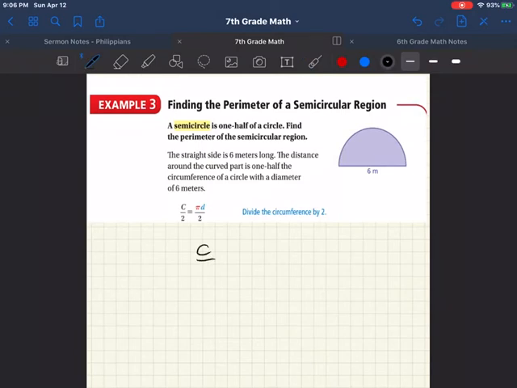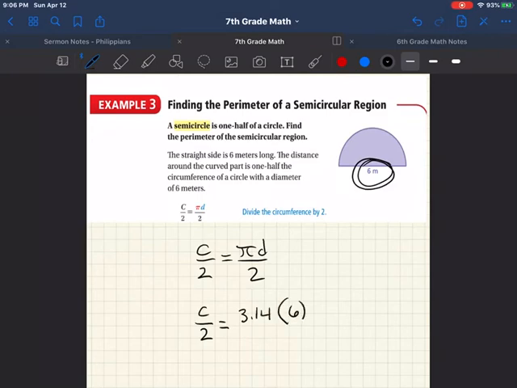Okay, so let's do that. And if you want, you can write this C over 2 as the formula saying a semicircle is equal to pi times the diameter over 2. So therefore the circumference of my semicircle is equal to pi, and in this case 6 is not a multiple of 7, so we'll say 3.14 times 6, and then we're going to divide that by 2. Okay, so on this one I am going to use a calculator.